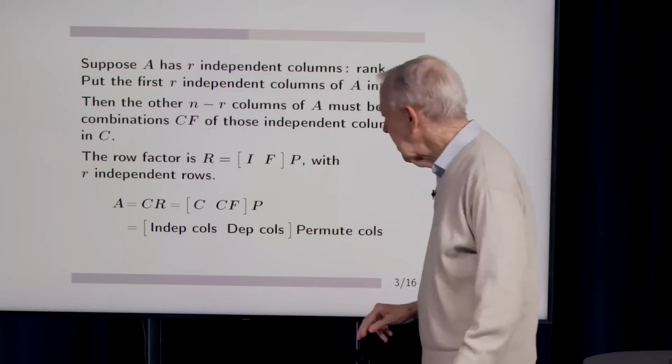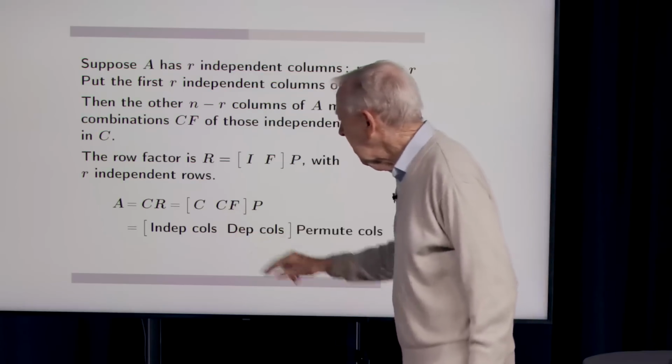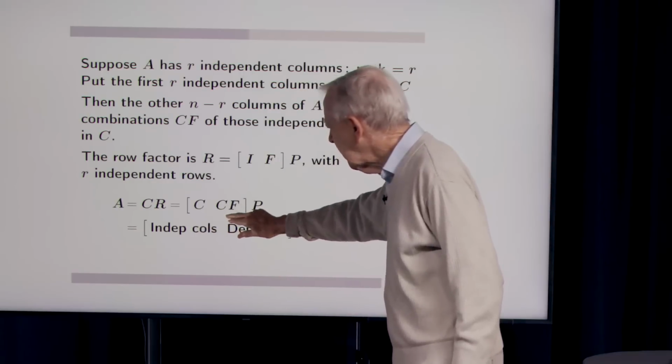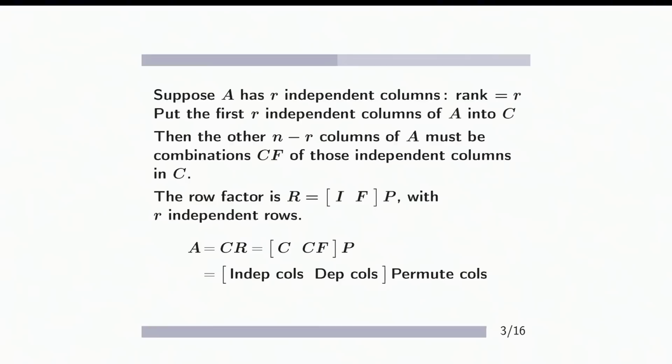Don't pay a lot of attention to P. Here's the important part. The independent columns, and then the matrix that tells us how to get the dependent columns from the independent columns by multiplying by F. Okay, so that's the factorization, and now I want to use it.